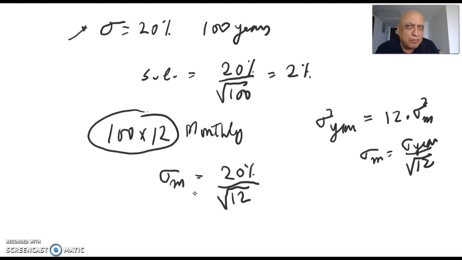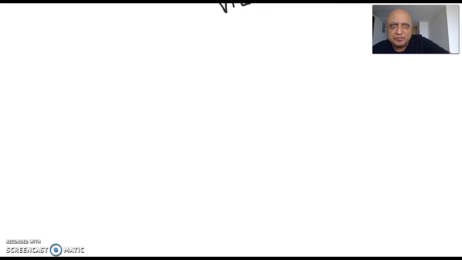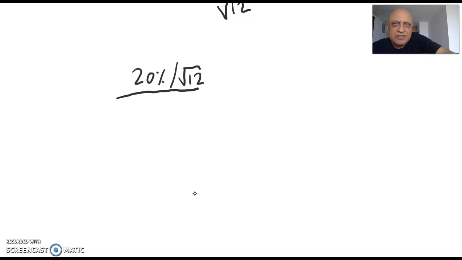And now I've got more observations. So what is the standard error now? Well, let's look at it. The standard error now becomes 20% divided by square root of 12. That's what the monthly standard error is. But now I've got 100 times 12 observations.